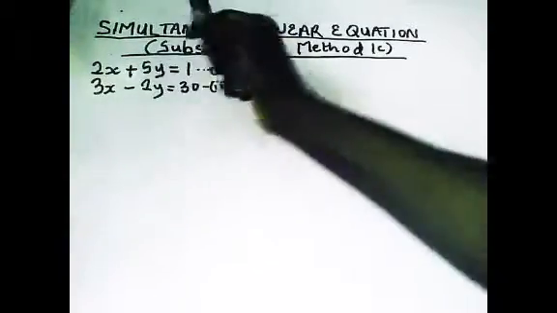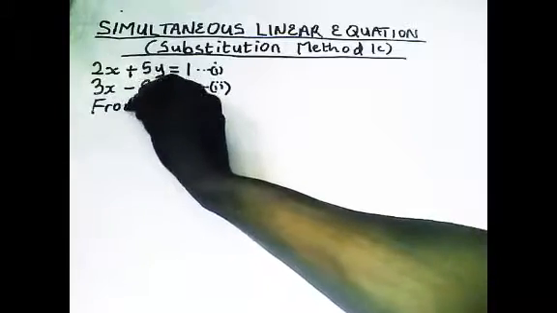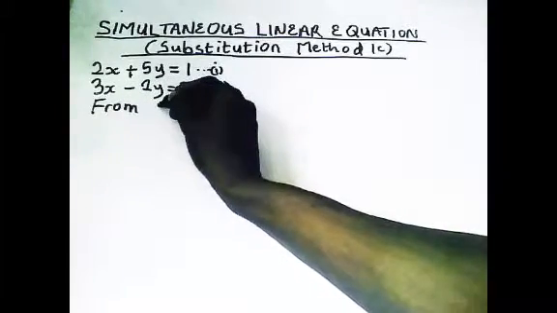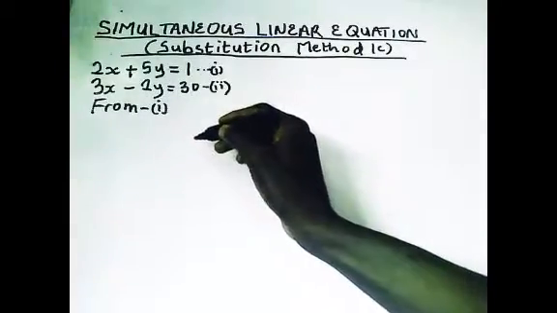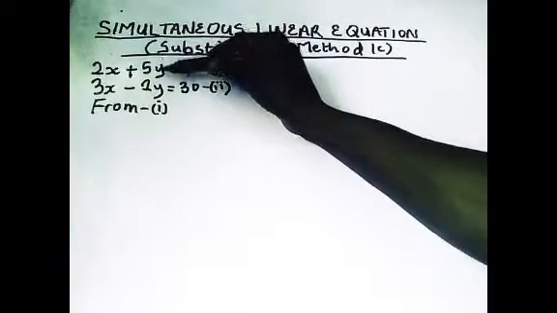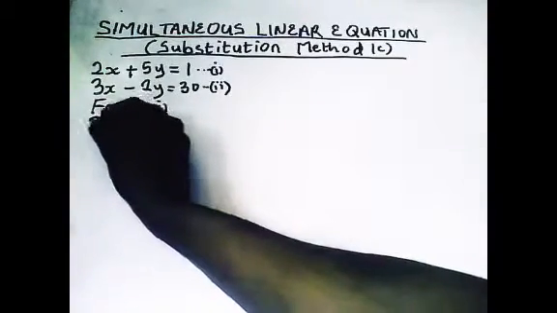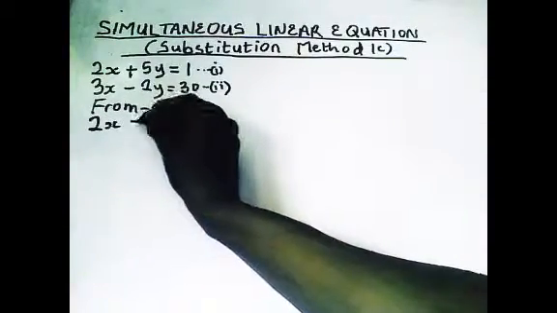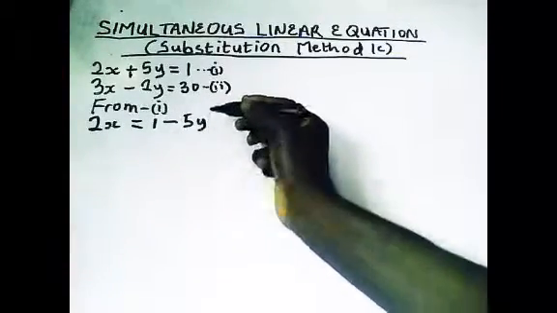So we start out by writing from 1. Now from equation 1, what do we do? We are going to move our plus 5y to this side, so that we shall have 2x equals 1 minus 5y. Of course, you know what I'm doing.